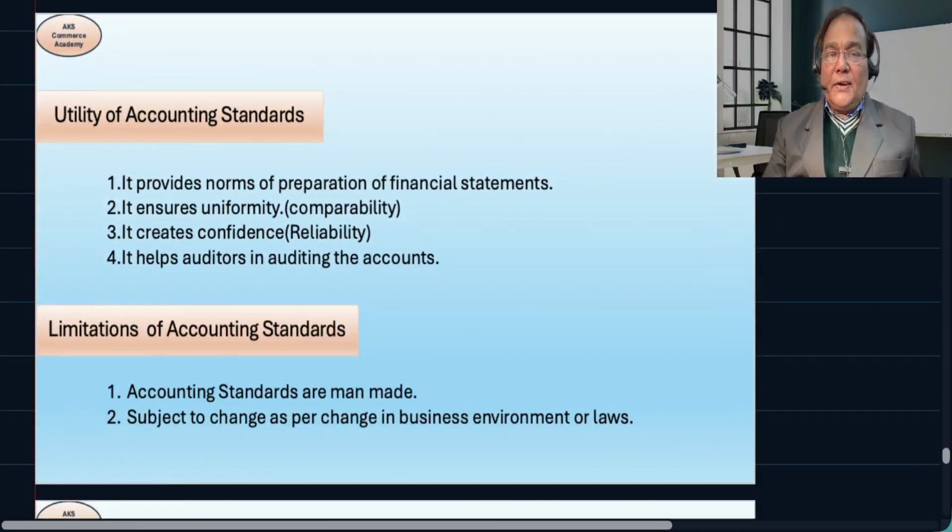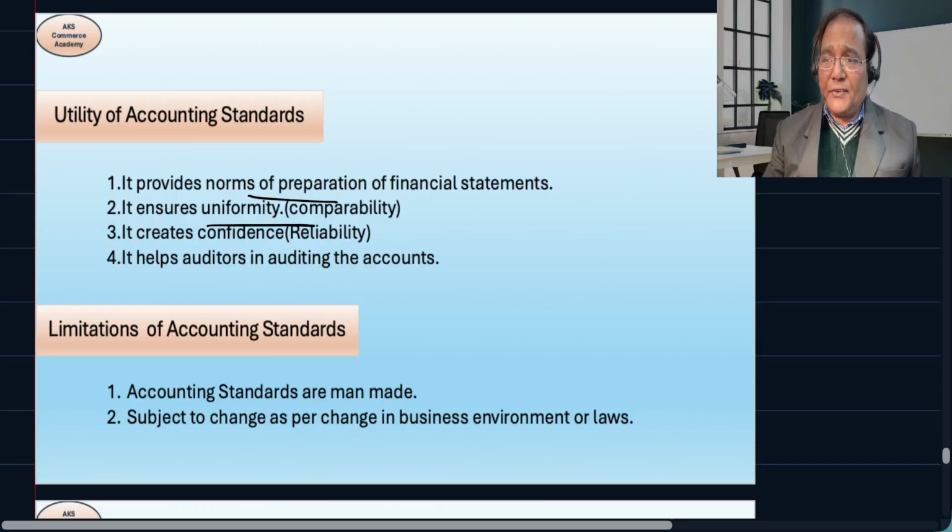Now, utility of accounting, what is the usefulness? Utility means usefulness. So it provides norms of preparation of financial statement, ensures uniformity, which, if it is uniform, then easily comparable. It creates confidence if it is audited, verified. So it creates reliability.